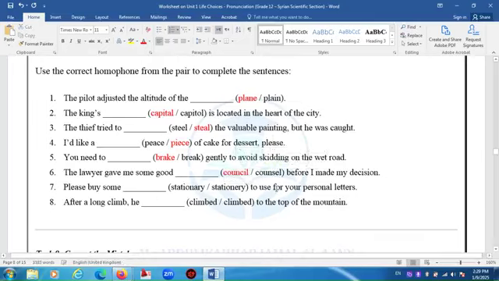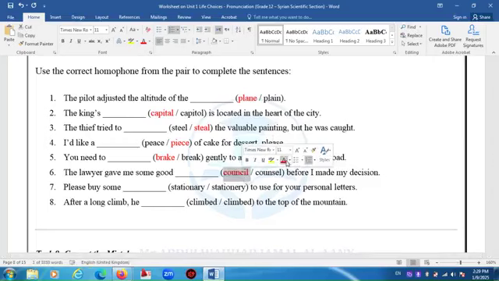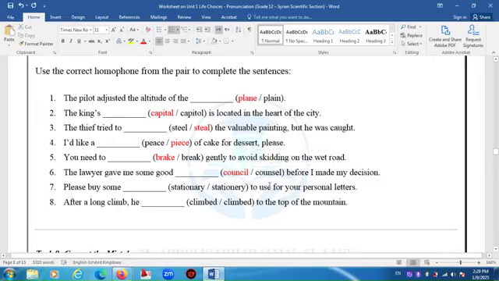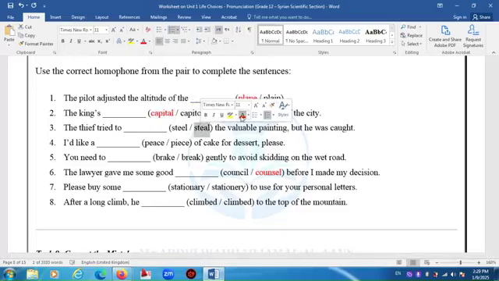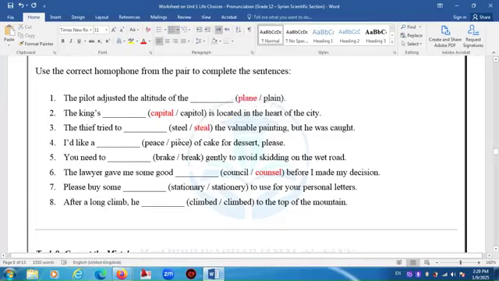The advice. Is it counsel with C or counsel with A? With E, sorry. Counsel, that one. Plane, that one. Capital, that one. Steal, that one. Piece, that one. My bad, sorry. Brake, that one.